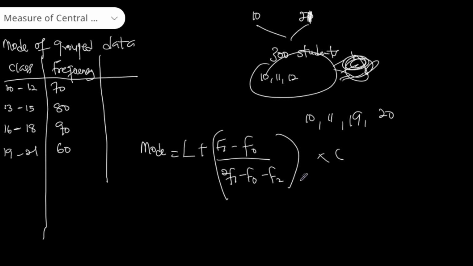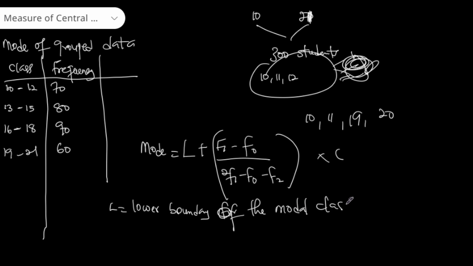Don't be scared about this formula. I'm going to break it down and I will explain. Just like we did in the median, L is the lower boundary of the modal class. Since we are working on mode, the class we will work with will be the modal class.